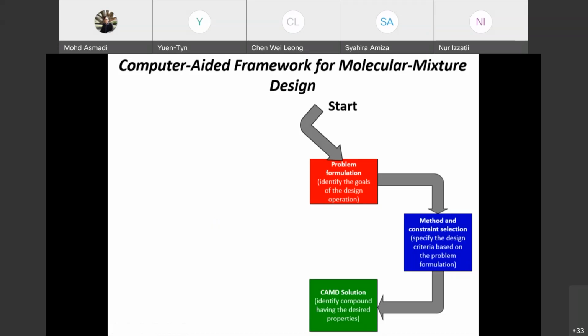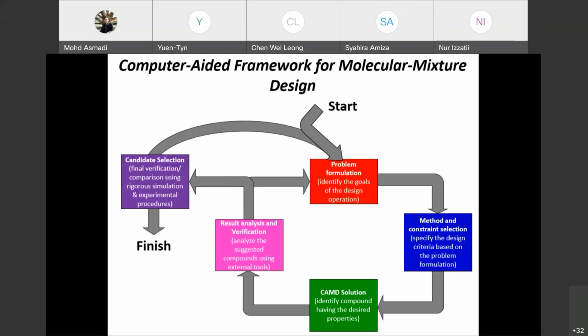The final one is candidate selection. Here the detailed verification uses a combination of experiments as well as rigorous model based tests, meaning that after using rigorous simulation, we confirm by experiment, and then finish. If you look at the arrow, it is like a loop.